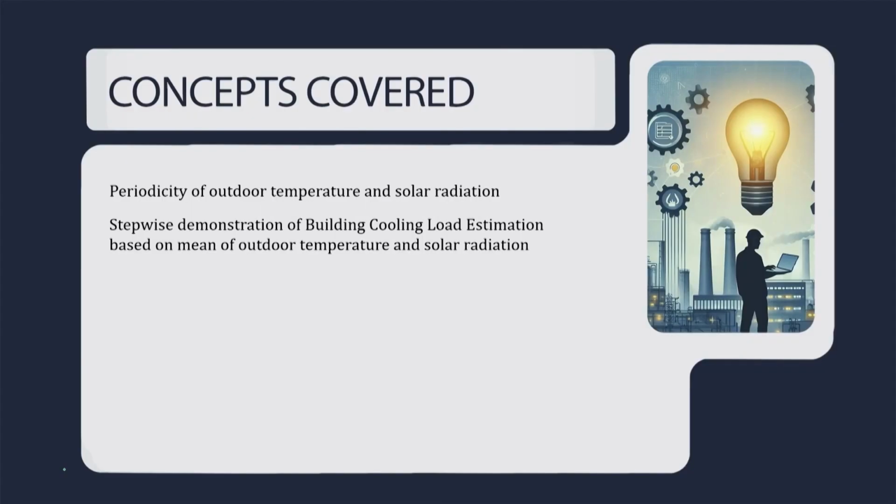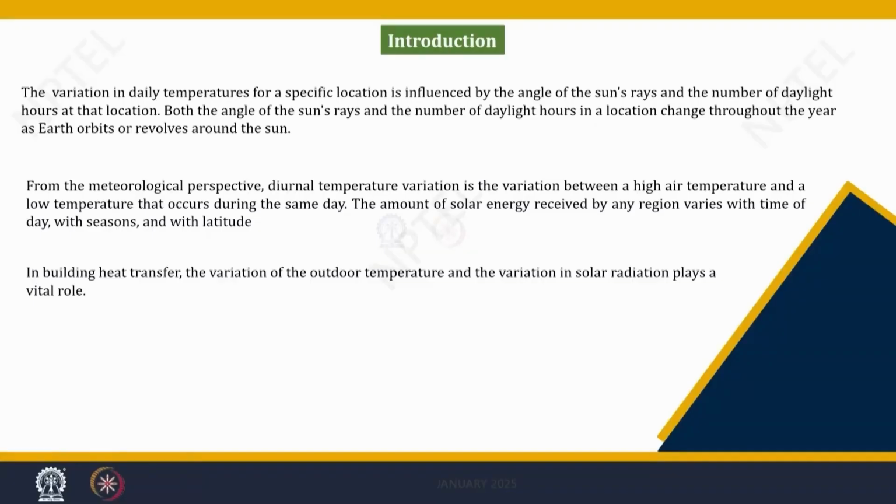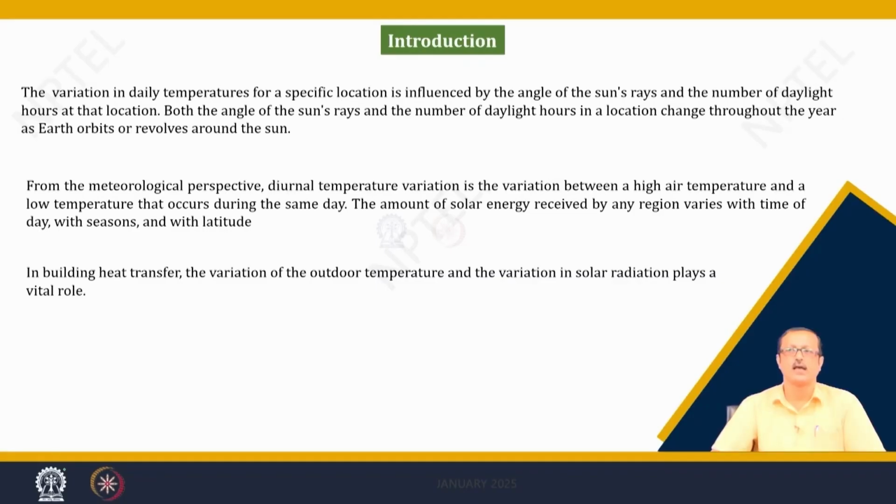Today we will see this periodic variation, and how we can normalize it with the average data. We will see how this variation actually plays out in total during a particular timeline.